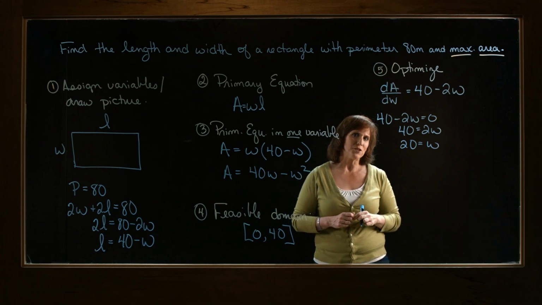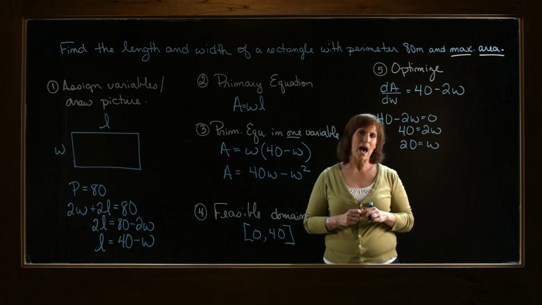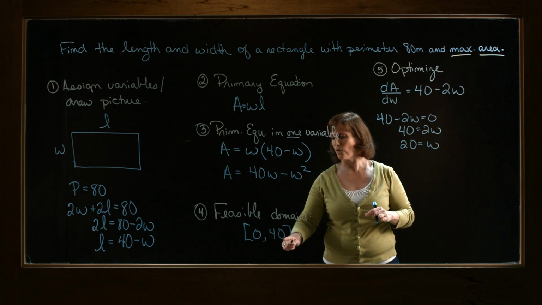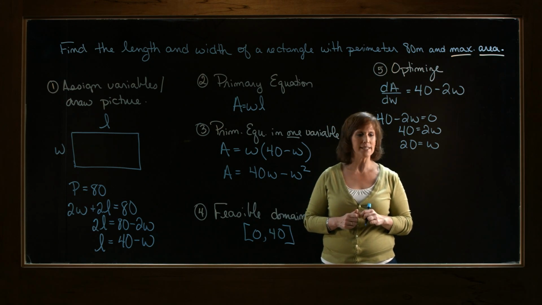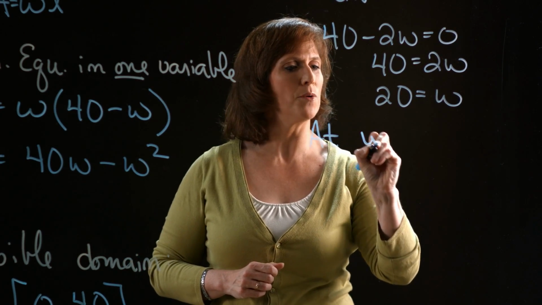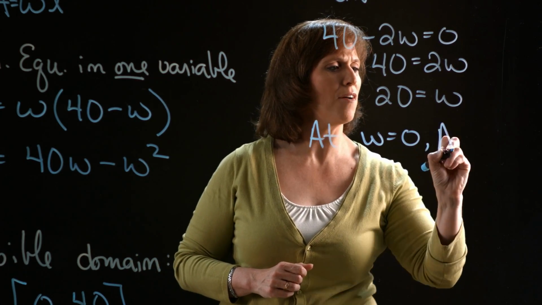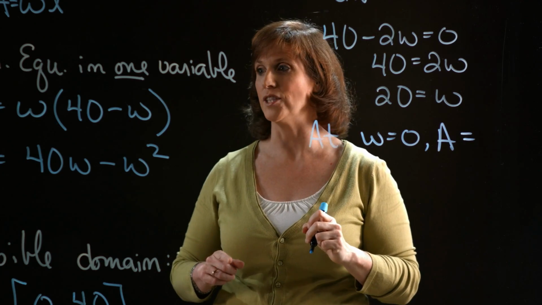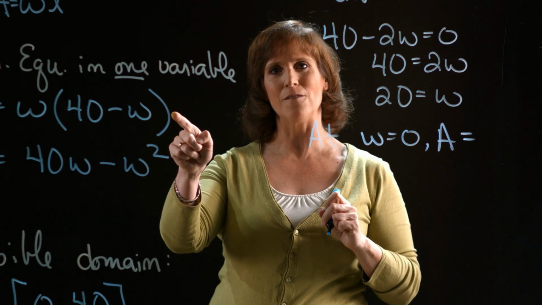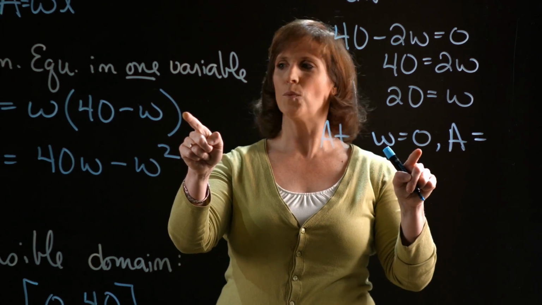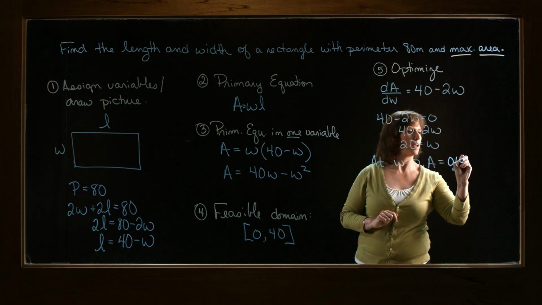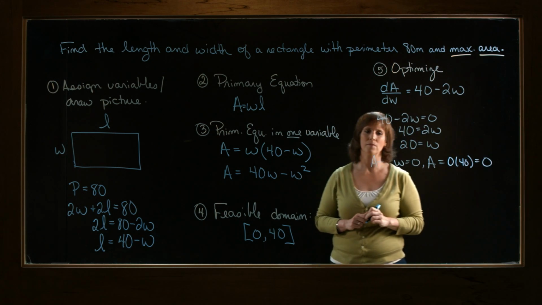The last thing we have to do is check what's happening to the actual area when W is 20 and also when it's 0 and 40. So let's take a look. At W equals 0, in this case it's probably going to be easier to use the factored form, because we're going to have 0 times 40, which is 0.